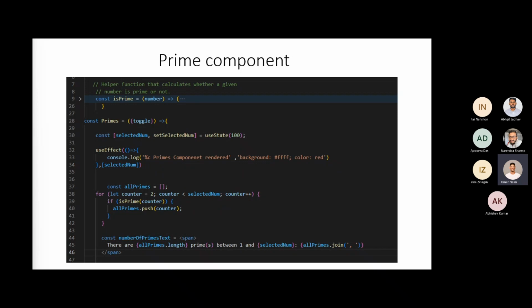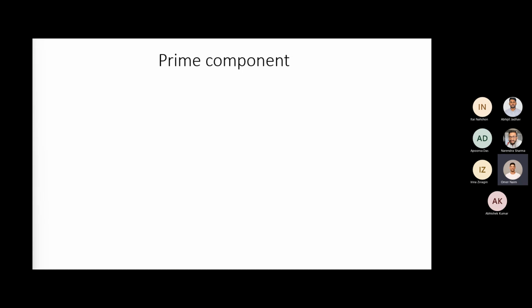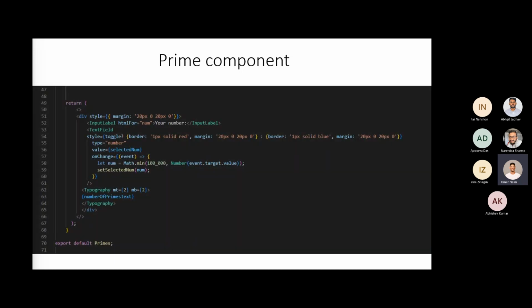Now we have a useEffect that runs when this number is changed, and we see this console log in red. Then from line 37 to 42, we basically see the array and the for loop that checks if this number is a prime, and if it is, pushes it into the array. Then we have a text that will display on the screen the length, how many prime numbers are inside it, and all of that is returned in the JSX code here.